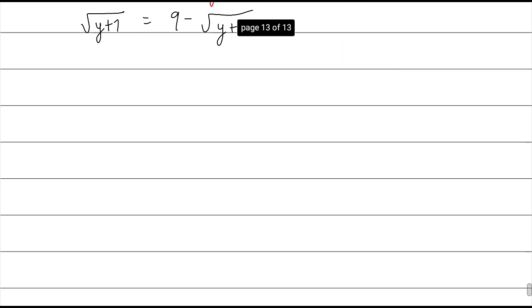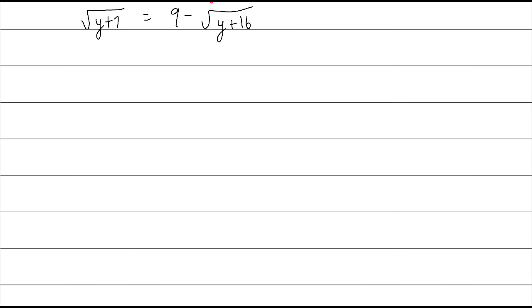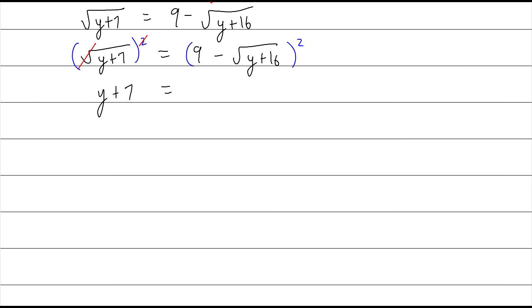Let's go ahead then and square both sides. Square the left side, square the right side. Left side's easy. Those will cancel out, leave me with y plus 7. Nine minus the square root of y plus 16, squared.